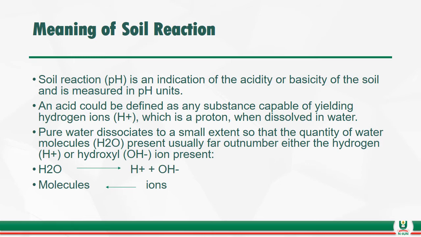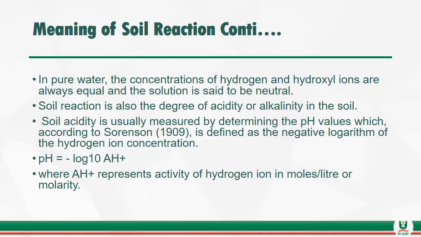We can see how water can dissociate, forming hydrogen ion and hydroxyl ion, and it is a reversible reaction. Also in pure water, the concentration of hydrogen and hydroxyl ion are always equal, and the solution is said to be neutral. And that is in pure water.